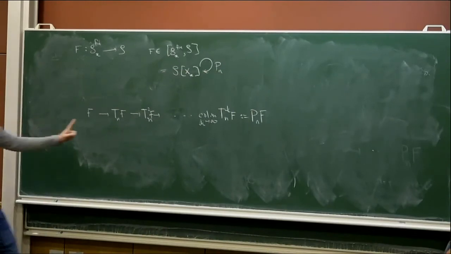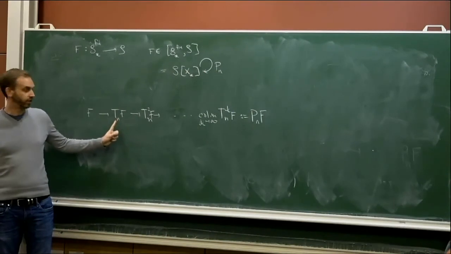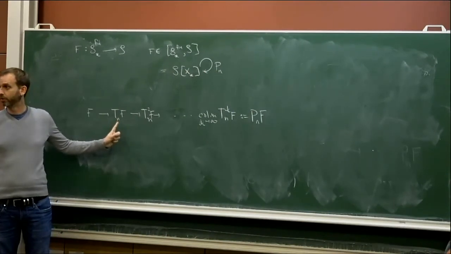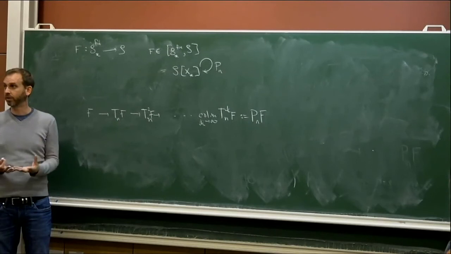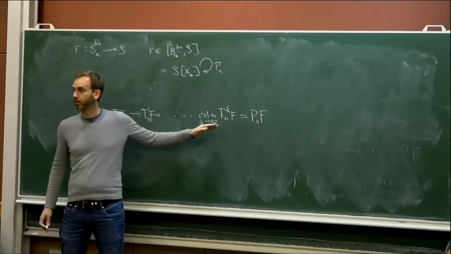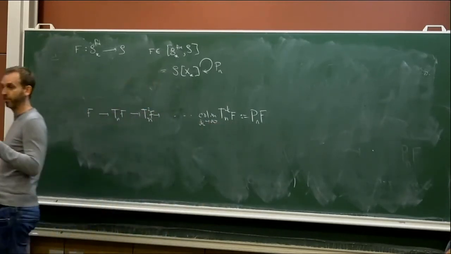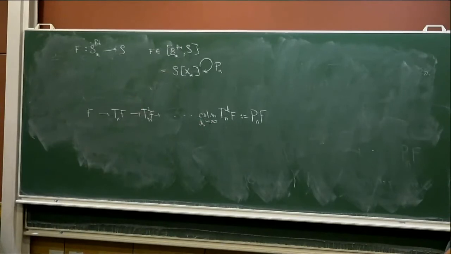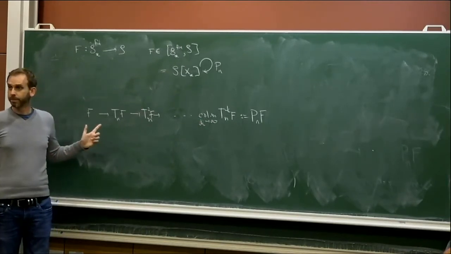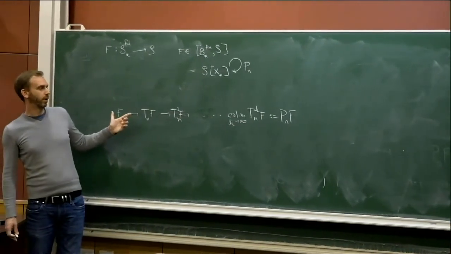But this Tn here was only defined using a finite homotopy limit, the homotopy limit of a finite dimensional cube. And on the other hand, this is a directed colimit. So the definition of Pn is in terms of finite homotopy limits and filtered colimits.